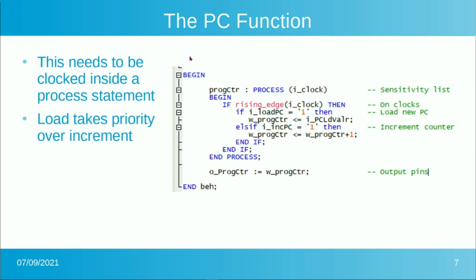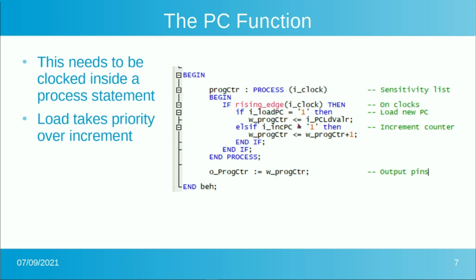What's this function doing? Well, this function is loading the program counter with that load value that we had in our pin list when the load PC input strobe is high, or it's incrementing that counter when the increment PC strobe is high.